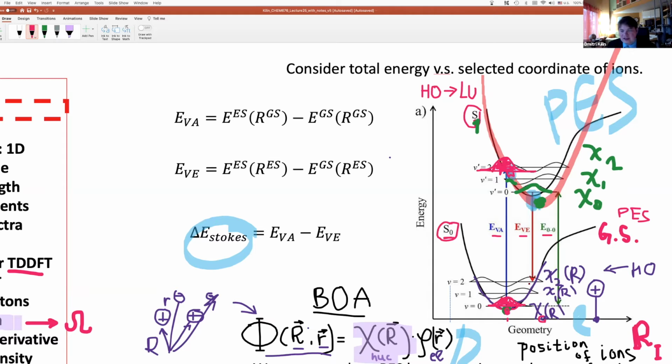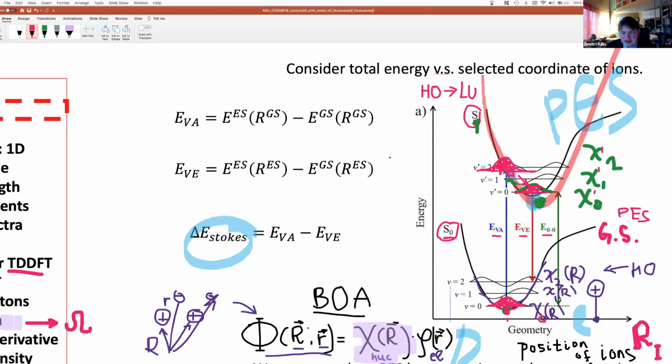Makes sense. And then if the system lives long enough in the excited state, then as Sarah told us, there is an optimization, and the system comes into the wave function that corresponds to this chi naught of the excited state.